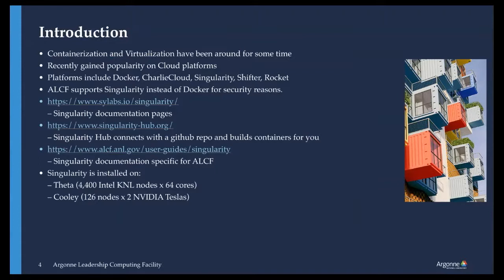And so we have Singularity installed on our local Theta and Cooley resources. Theta is our 10 petaflop Knights Landing machine, and Cooley is our visualization cluster, which is 126 nodes with NVIDIA Teslas installed.